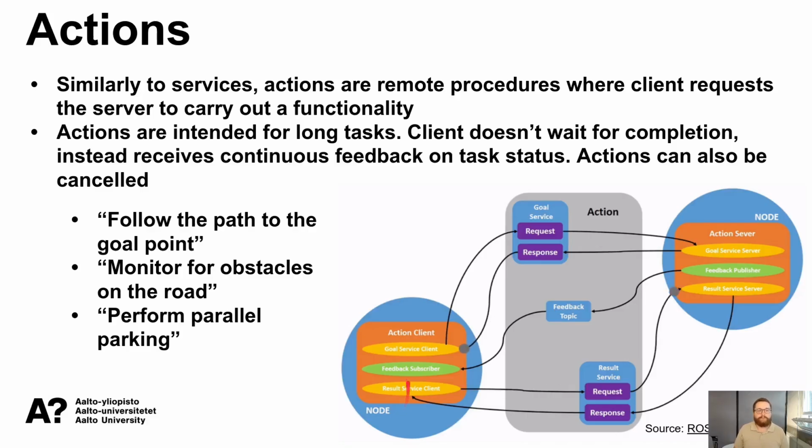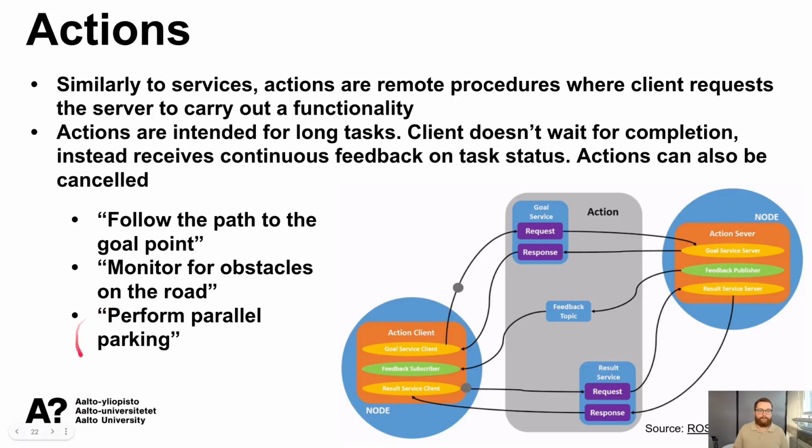And now the actions can be used for longer functionalities. So this could be something like, hey, follow the path to the goal point. So you could be implementing, for example, your control through an action, initiating a path following functionality. Or it could monitor for obstacles on the road, so obstacle avoidance. You would have an action server that is continuously monitoring whether there is something in front of your robot.